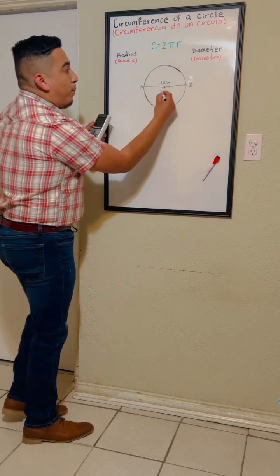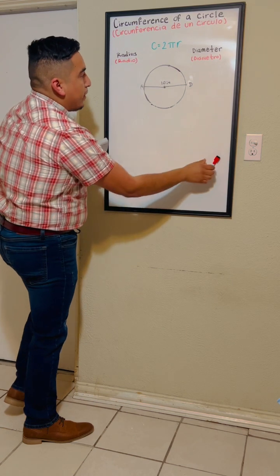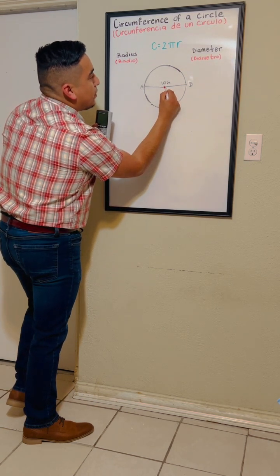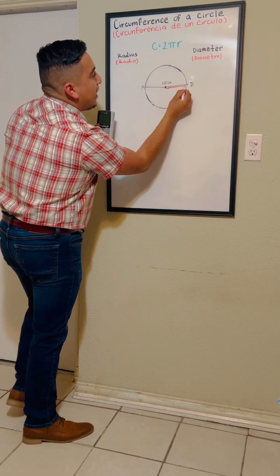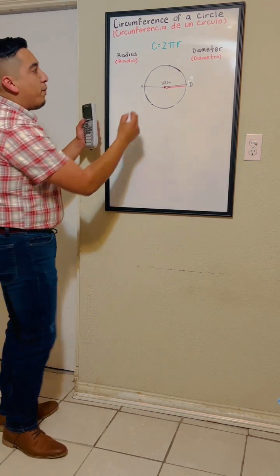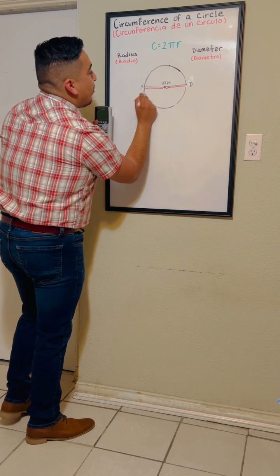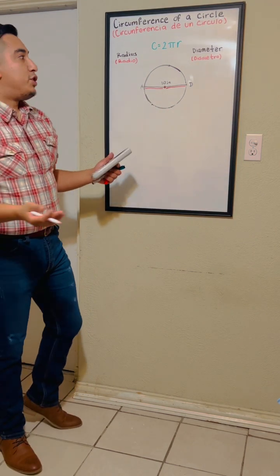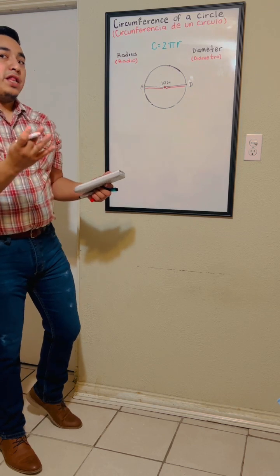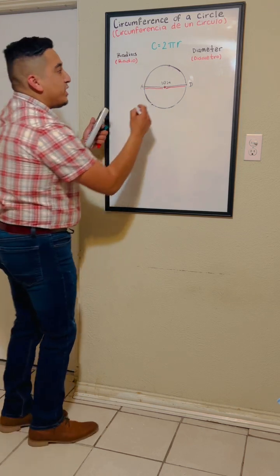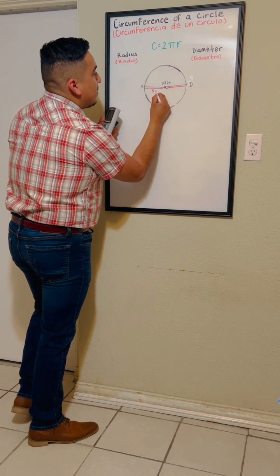So from this point right here, which is the center of the circle, to point D, and then from the center to point A, those are both radius. So if the diameter is 10, the radius will be divided by 2. So each radius is 5 inches.